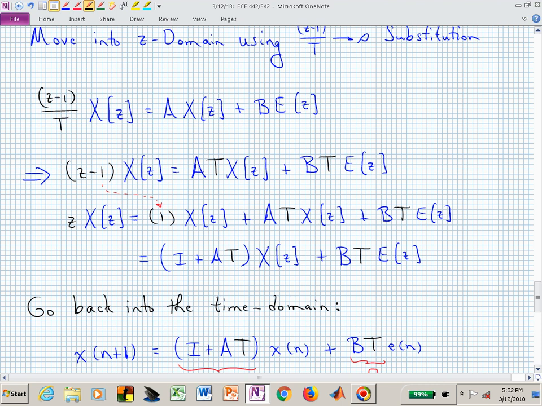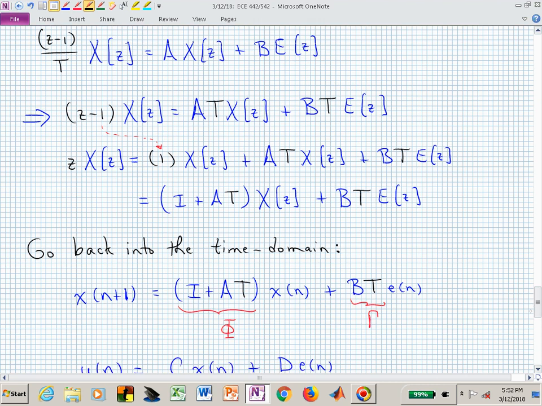And hopefully you can see these hints with these curly brackets, that in fact we've now determined the system matrix phi in the discrete time forward numerical integration discrete equivalent approach. We've determined gamma, the input matrix.